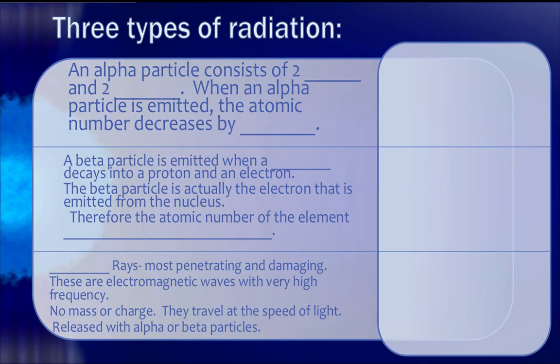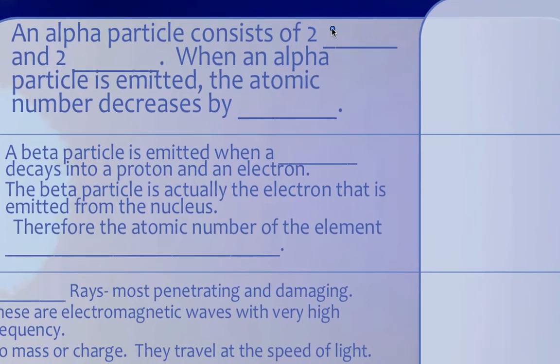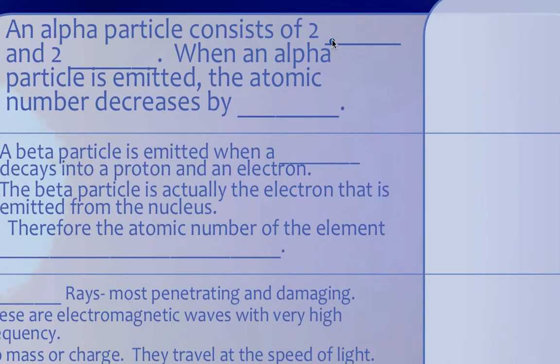Okay, so we have to look at 3 different types of radiation that exist. The first type of radiation is called alpha radiation, and it consists of 2 protons and 2 neutrons. So there's a total of 4 subatomic particles that are released as an alpha particle in alpha radiation.